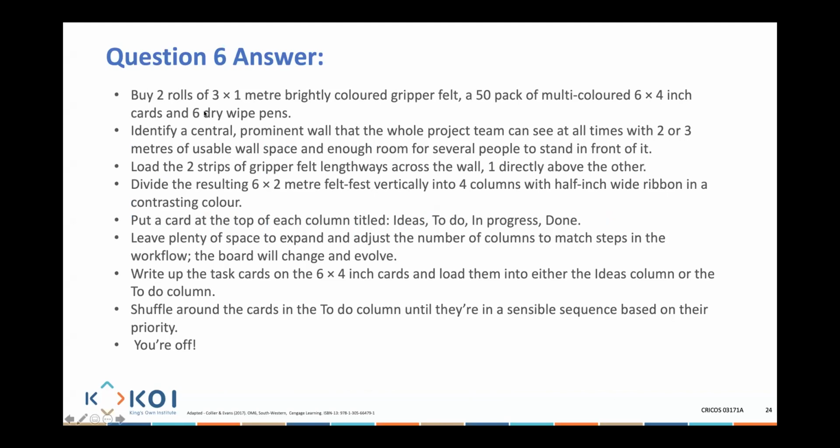Then you join the strips together and split them into columns. On each column, you pick up these 6 by 4 inch cards, which are sticky notes, and on a sticky note you write the work that needs to be completed. It's as simple as that.